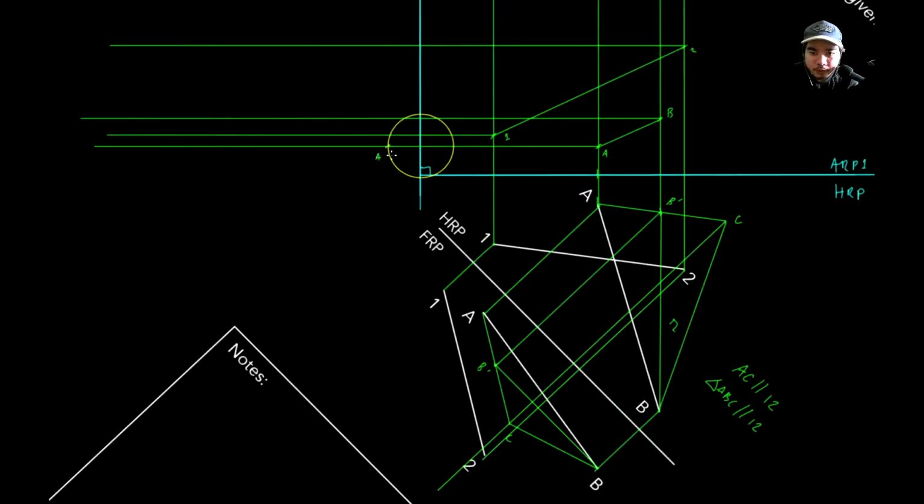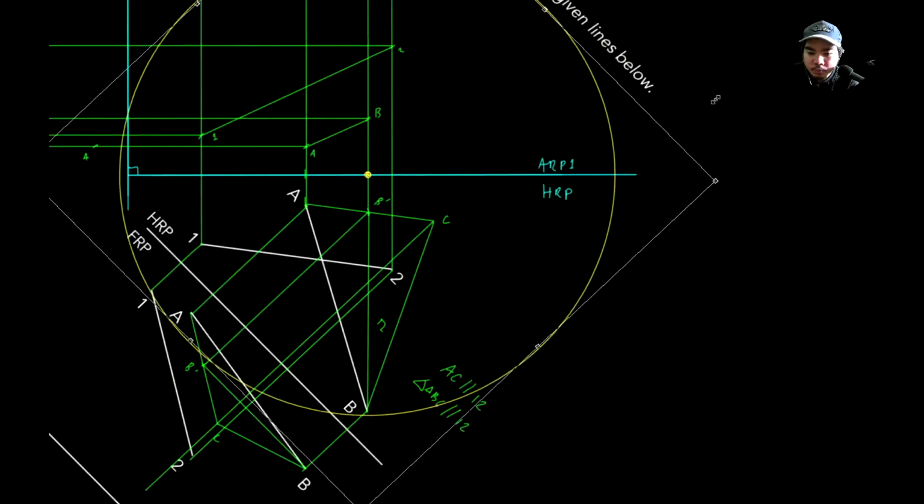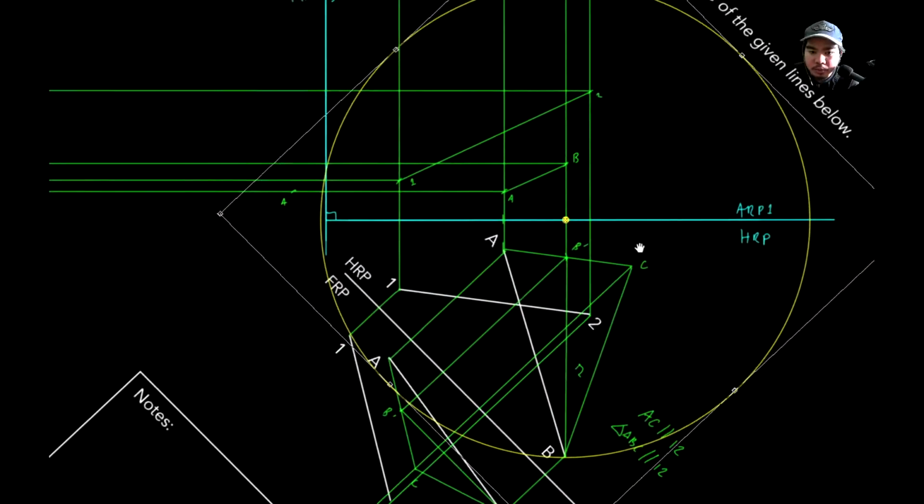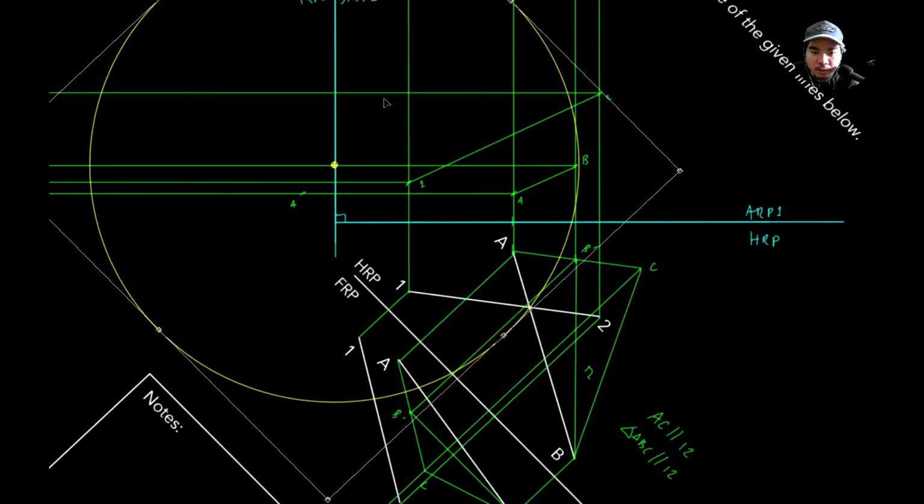A is here. Tapos, next is B muna. B is this distance away. Malayo si B, no? So, B is here.